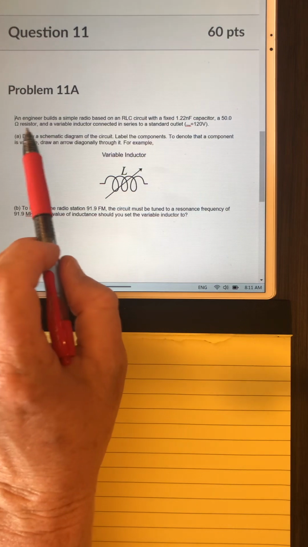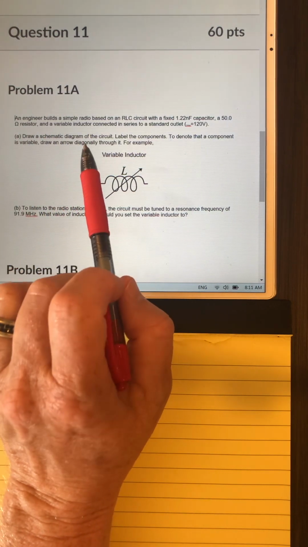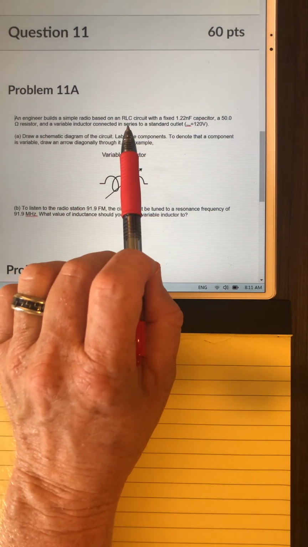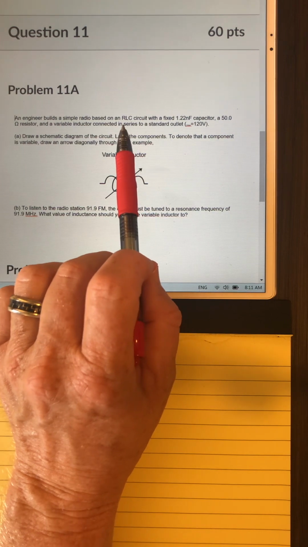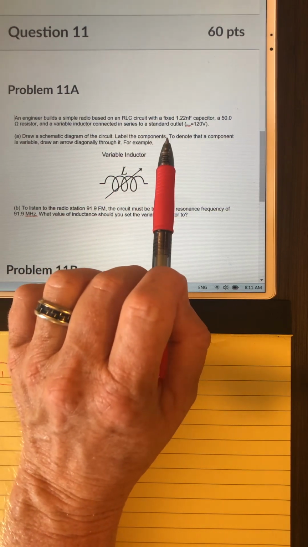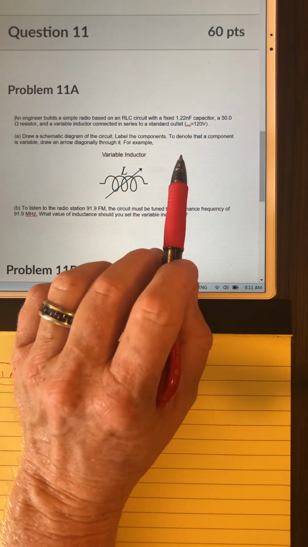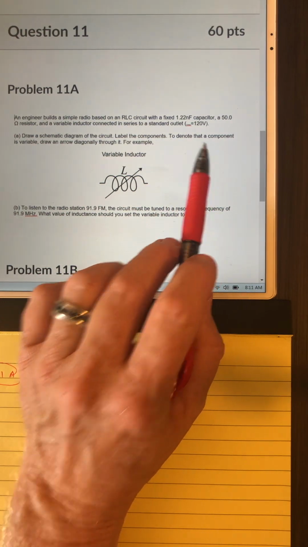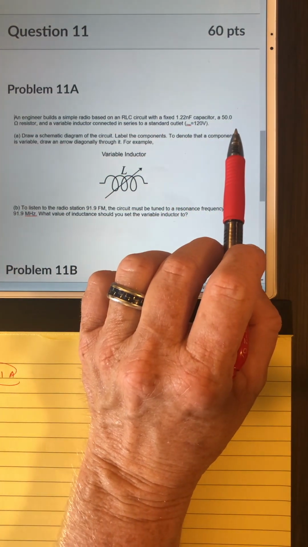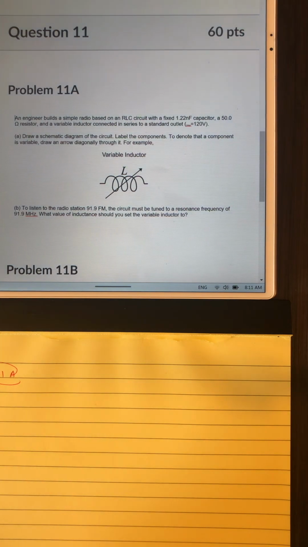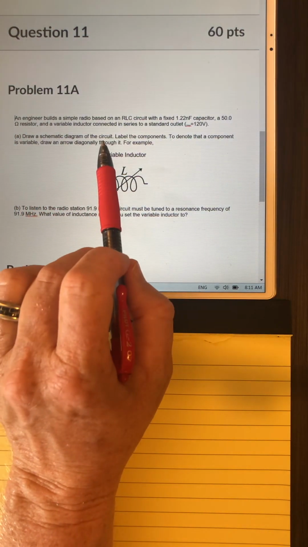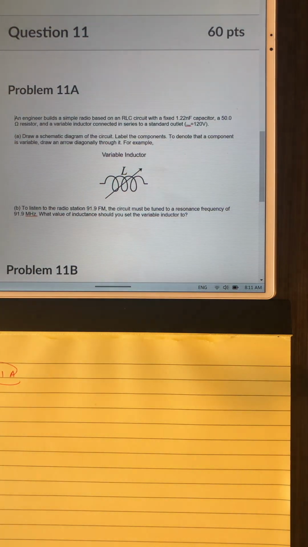But it says, an engineer builds a simple radio based on an RCL or RLC circuit. And it has this capacitor of 1.22 nano capacitance and a 50 ohm resistor. And then it has a variable inductor that we can connect in series.